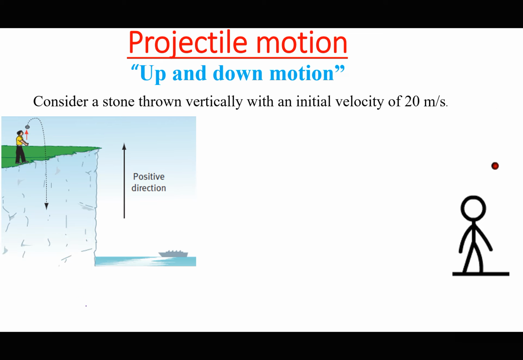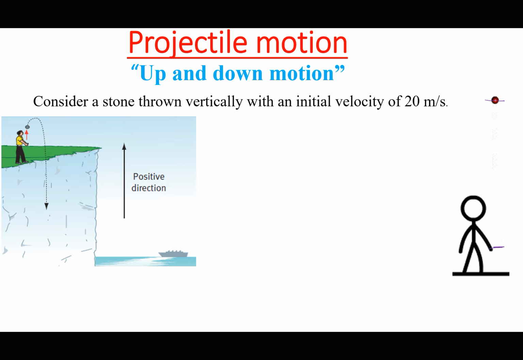So consider a situation where a stone is thrown vertically upwards with an initial velocity. This animation is showing that the stone is thrown vertically upwards from this position here.